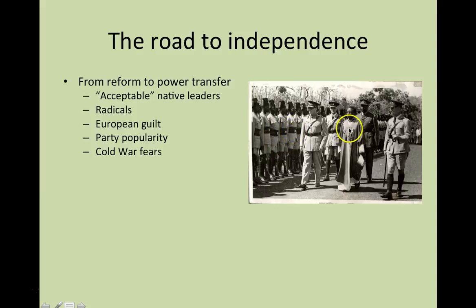And as an indirect rule chief, as somebody who had already worked with the British, he was seen as the acceptable leader, and so the British really were invested, for a time at least, until there was backlash against this, in creating a situation where the Kabaka and his people felt that they had a voice in the government, that they had some power, but that they would still be friendly to British interests.